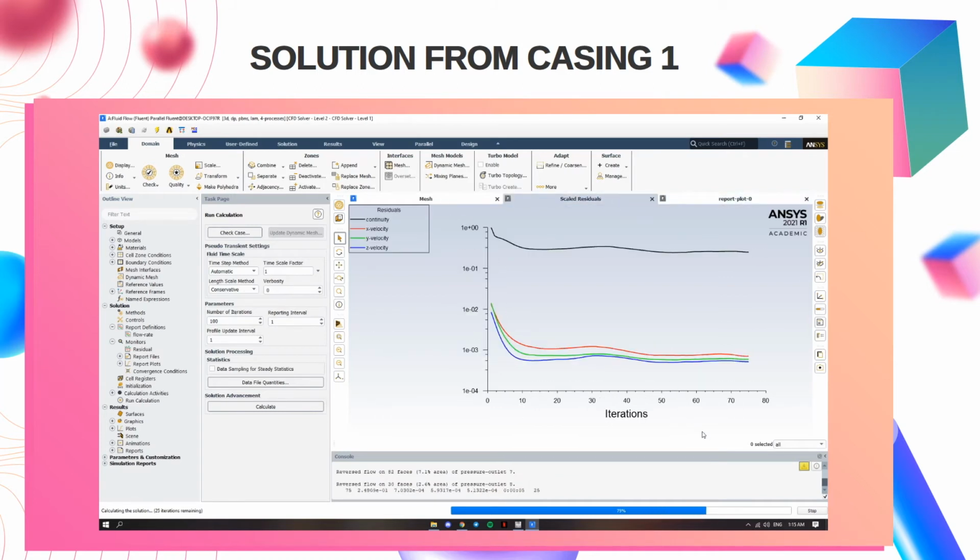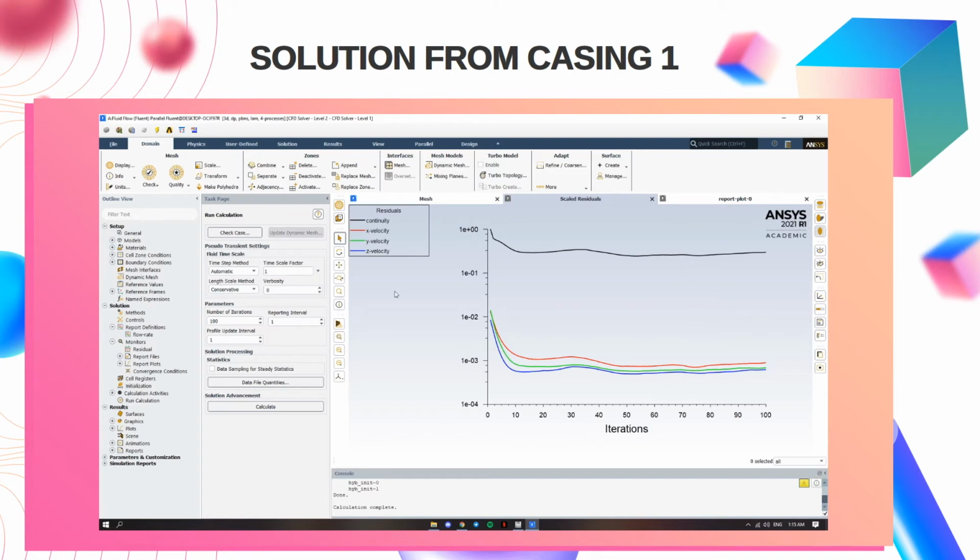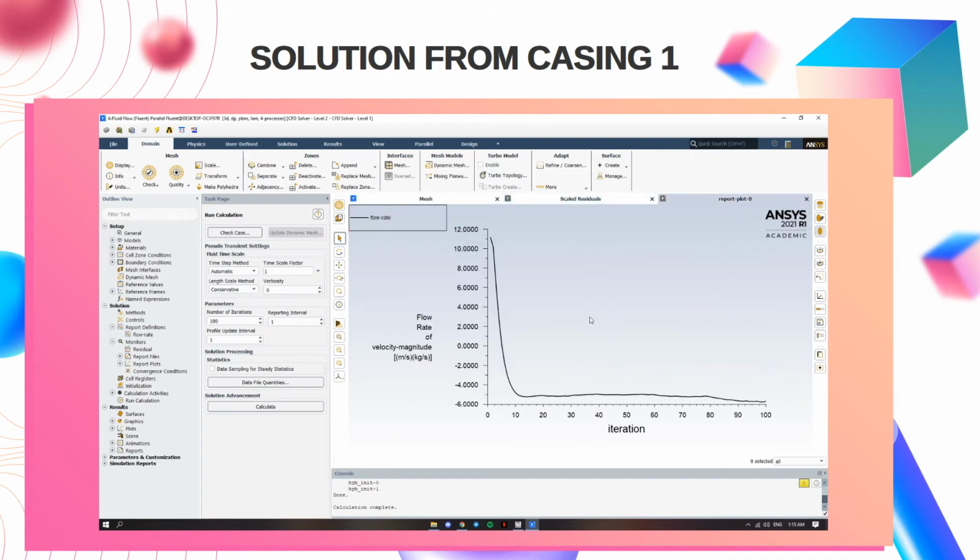Let's wait until it's complete. Okay, this pop-up message shows that our calculation is complete. This is the graph for scale residuals, and this is the graph for flow rate of velocity versus iteration. From this part, I think that's all. Let's move on to the next part.